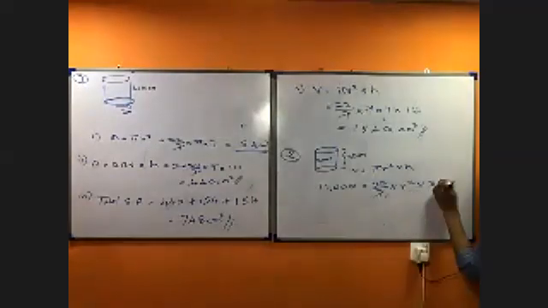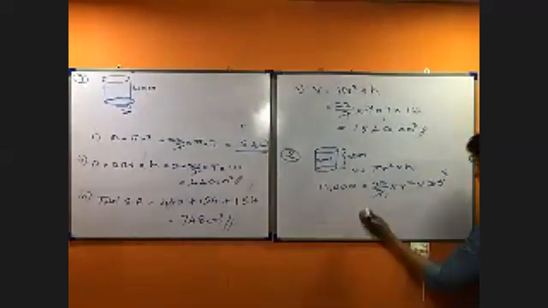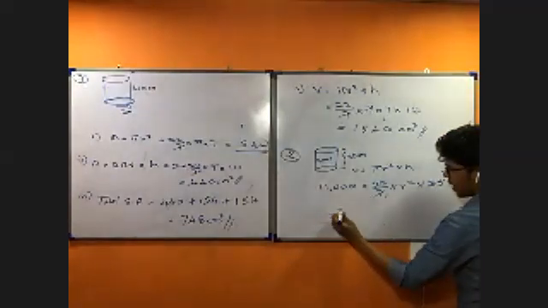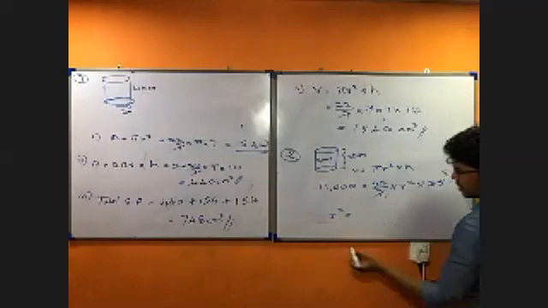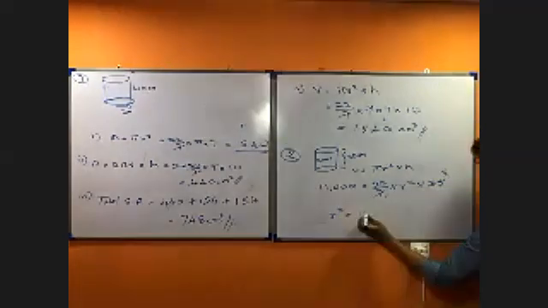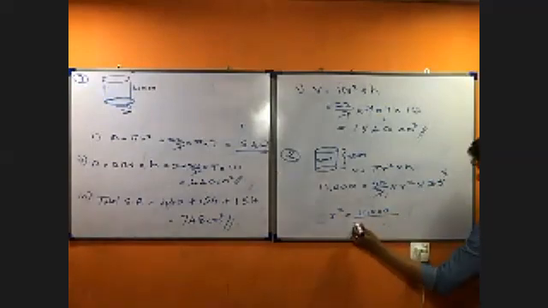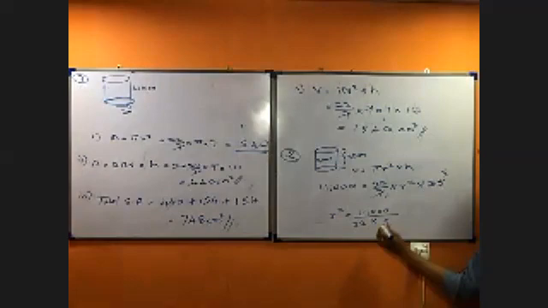So we have a 1, we have a 5 here. So then I will subject r squared. So r squared is going to be 11,000 divided by 22 times 5, right? Did I make myself clear?